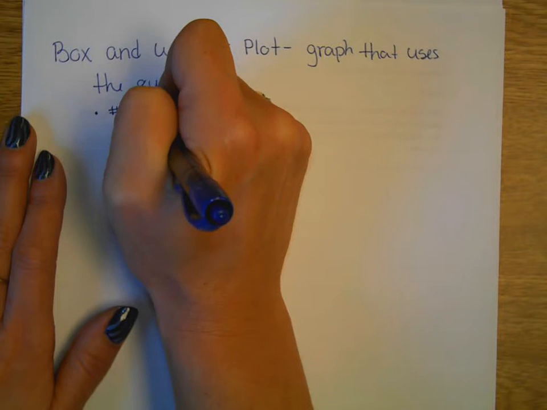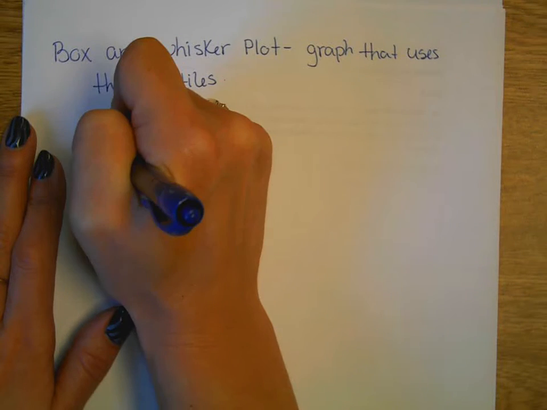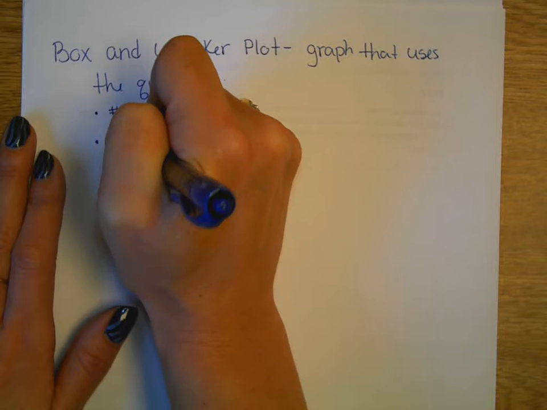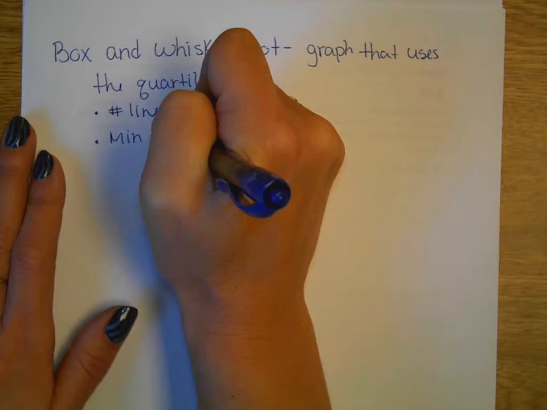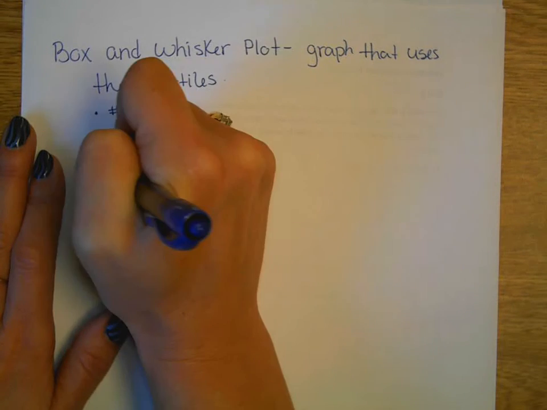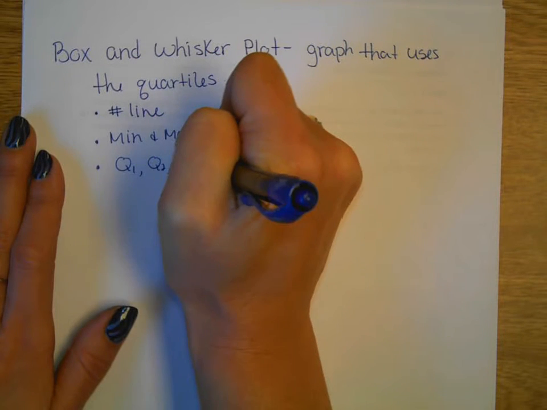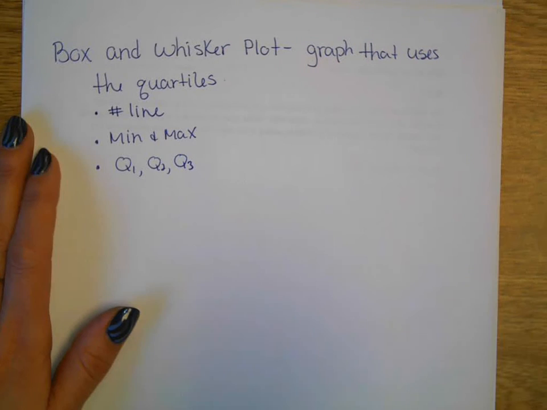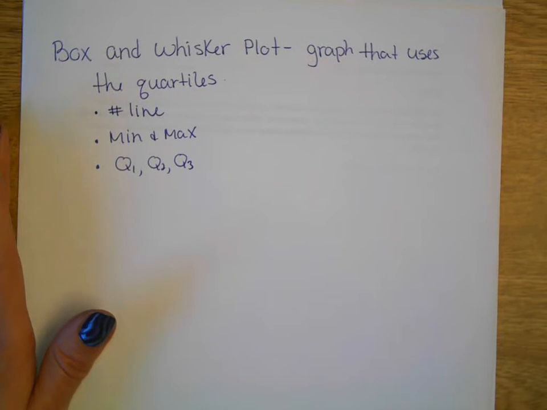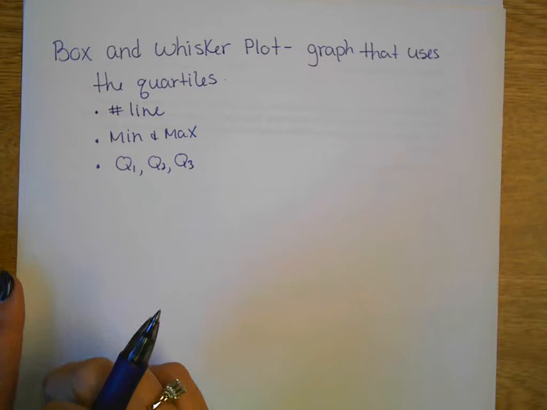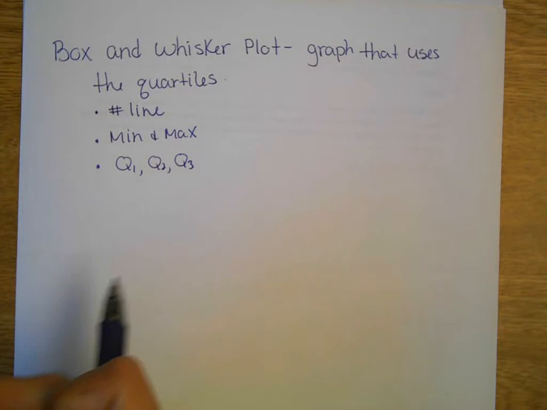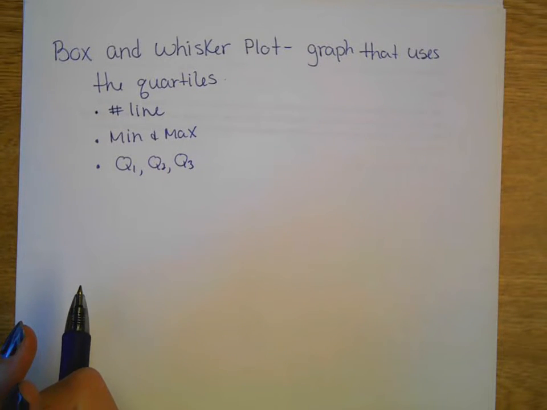You need your min and max. And then you need all 3 quartiles. So we're going to make a box and whisker for those test scores.